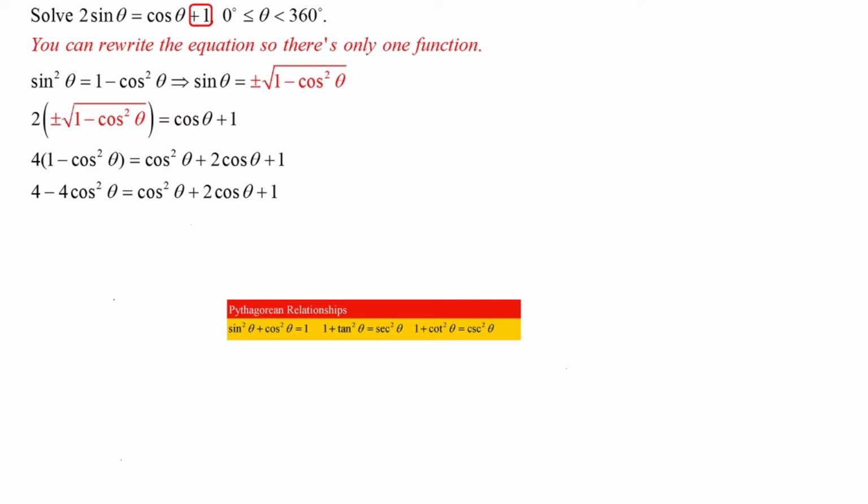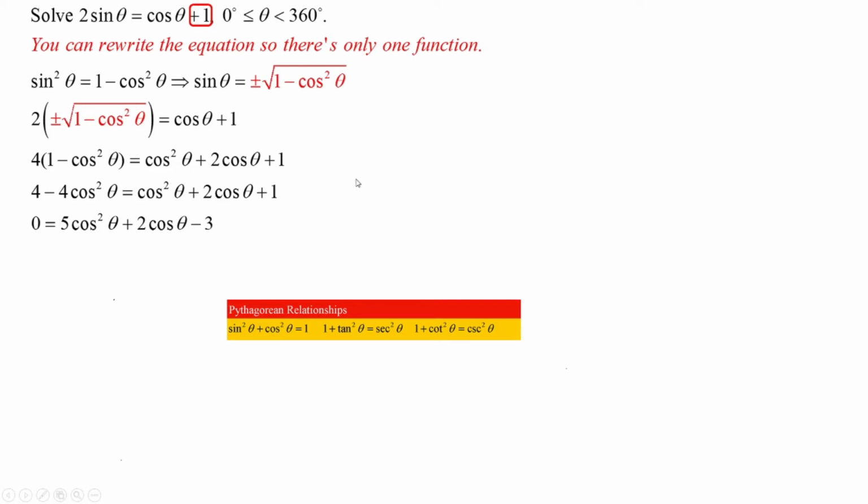So let's put a 0 on the left, and let's add 4 cos squared theta to both sides. That would give me 5 cos squared theta. And then I have the plus 2 cosine of theta. And then I've got to get rid of this 4. Let's subtract 4 from the 1 to get minus 3.